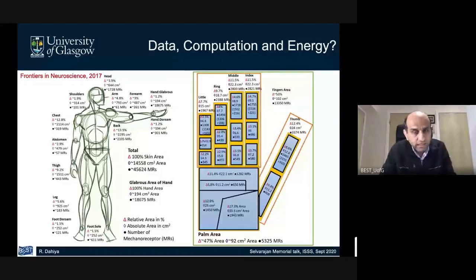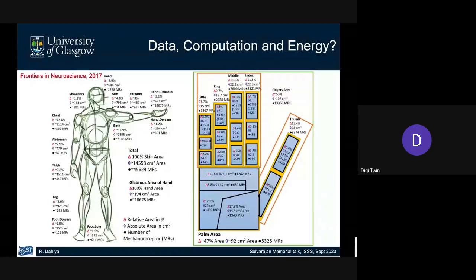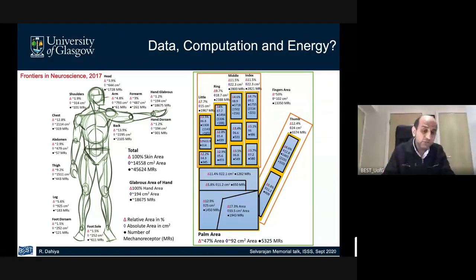And then we have to look at data, computation, and the energy aspect. This is another dimension of electronic skin. This is mainly related to how we handle large data. I mentioned eyes and ears; these are centralized, you have two ears and two eyes, so the amount of data you are collecting is still limited.